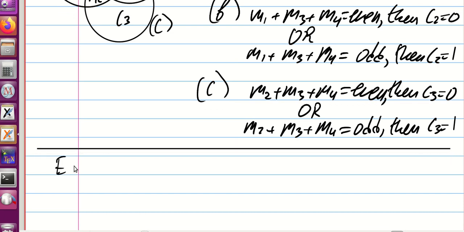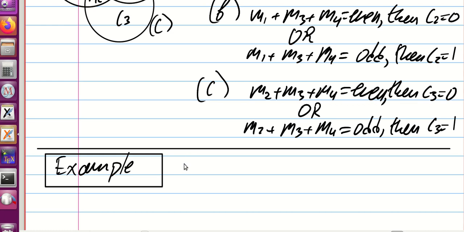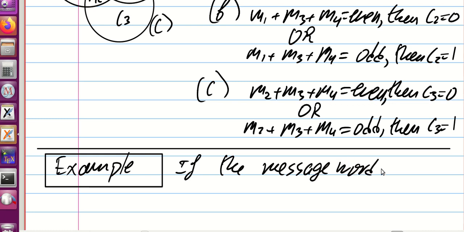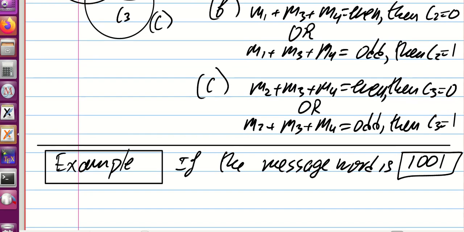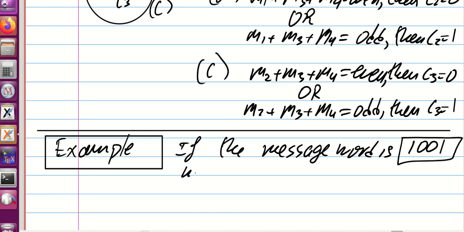So let's look at the example. In this example, if the message word is 1001, we need to create a code word.